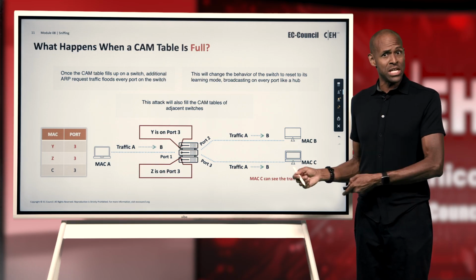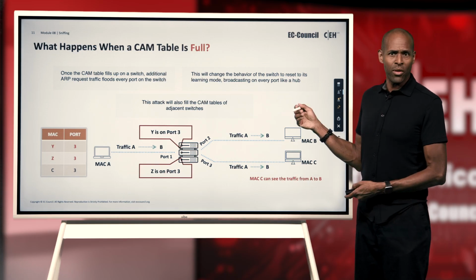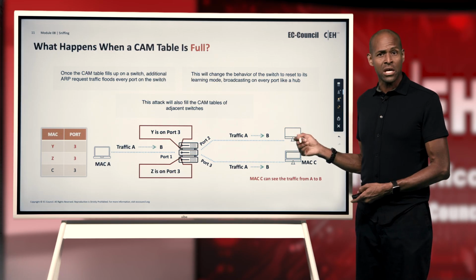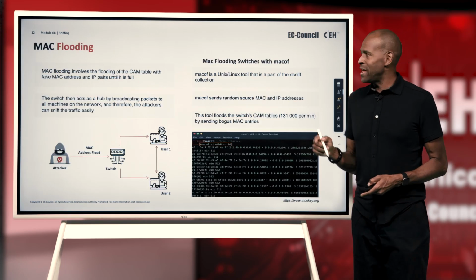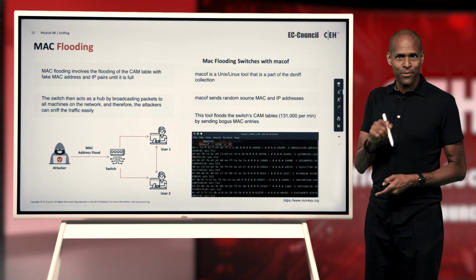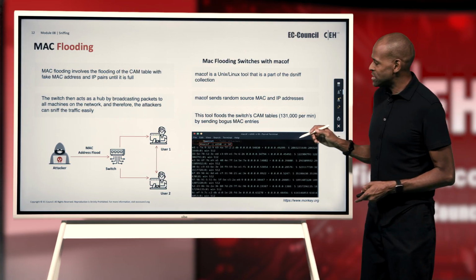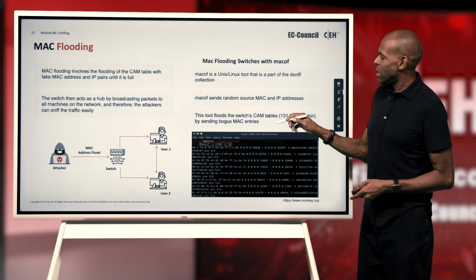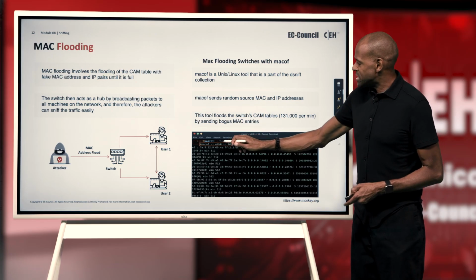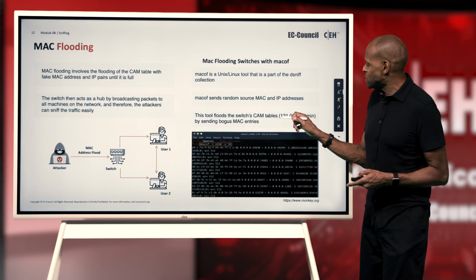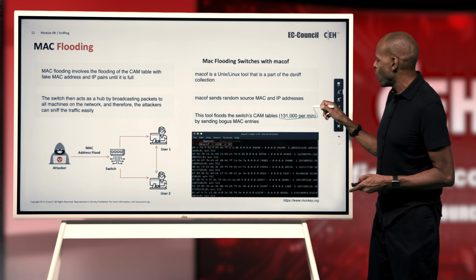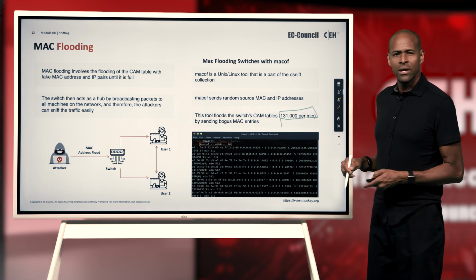And that's why the network engineer might set that table limit to 131,000 rather than 8,192. But I tell you what, they can't stop you. You know why? Because you can use a tool like macof, which will, out of the port that you specify, flood up to 131,000 entries per minute.